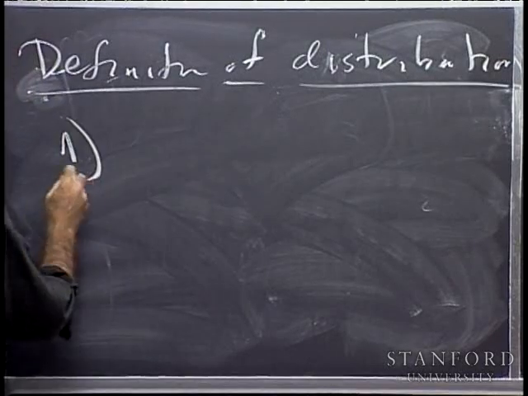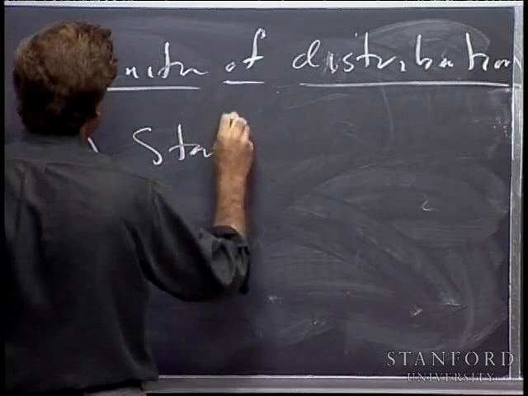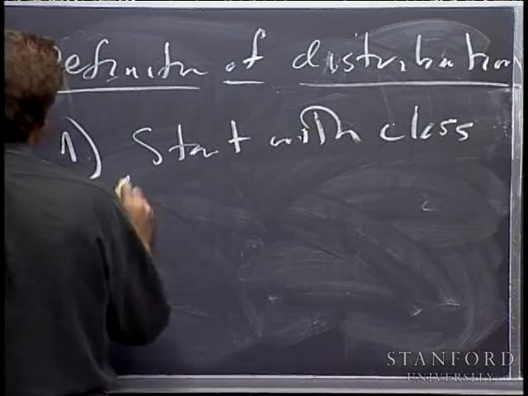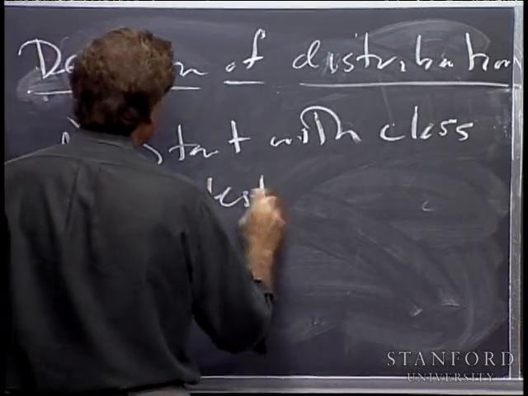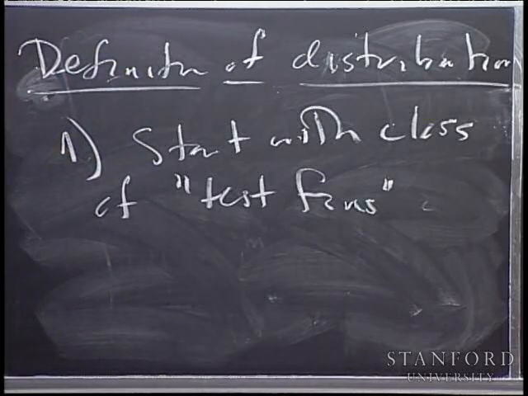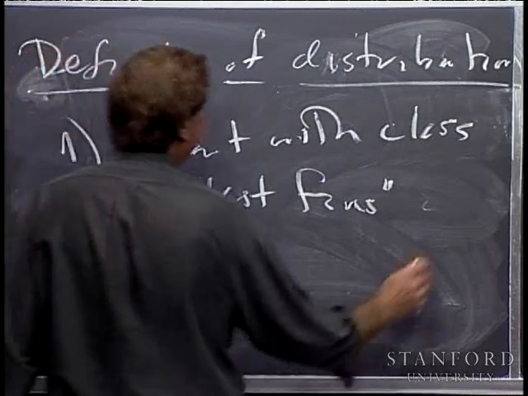So first, you start out with a class of test functions. Now, when the Fourier transform comes back into the picture, this is going to be the class of rapidly decreasing functions. But for other problems, you might consider a different class of functions. Generally speaking, these are the best functions for the properties you're worried about. I'll call them phi.